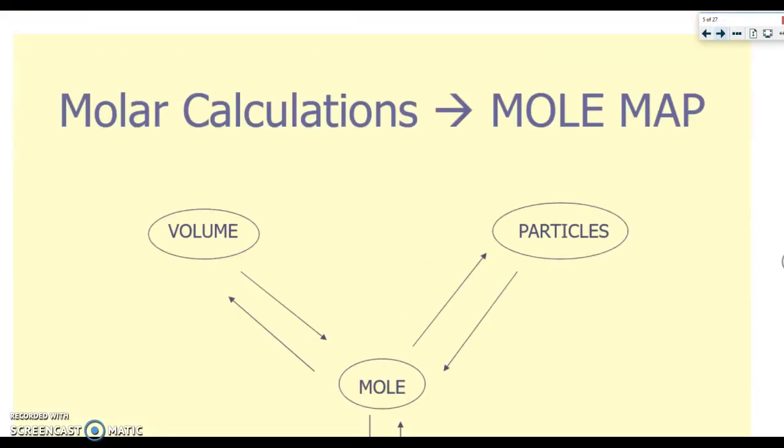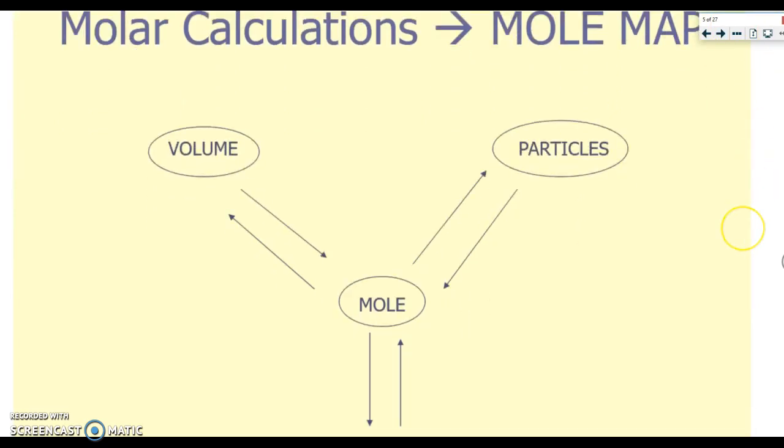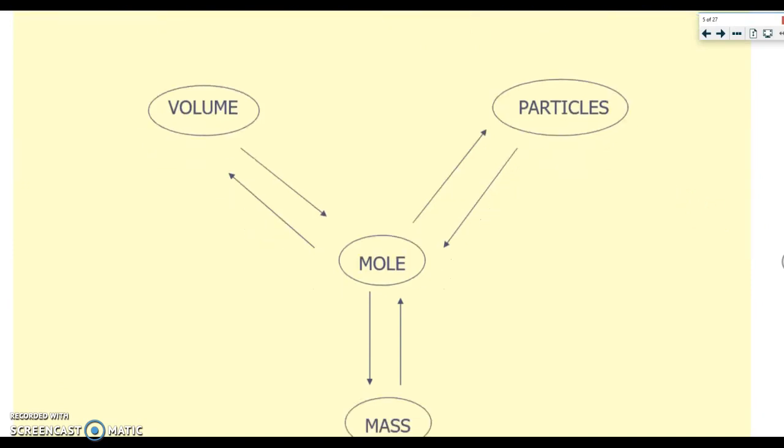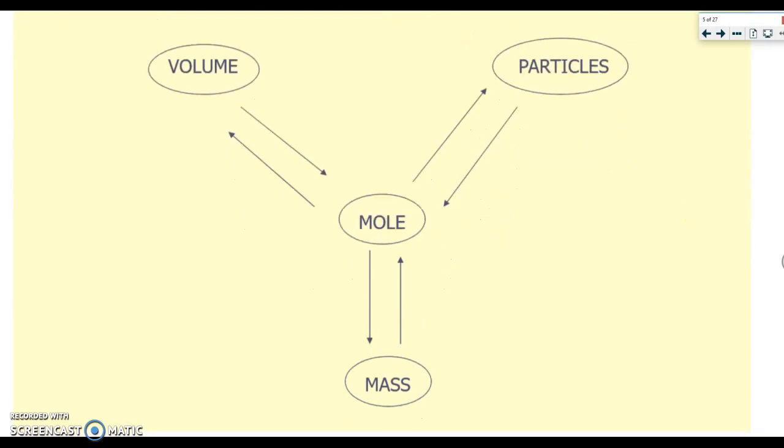Now that we've learned how to calculate molar mass, let's start to apply it in molar calculations and conversions. We're going to fill out this mole map, which you do not get to use on your test. However, you may find it helpful as we are solving problems. Let's fill out a couple of things here first.